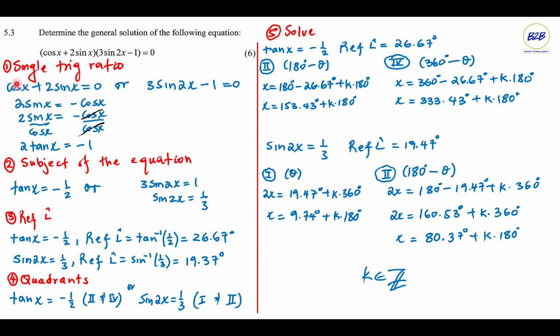You take the cos x to the right, it becomes negative. You divide by sine on both sides to create tan. Then it becomes 2 tan x equal to -1. And hooray, we have achieved our first step to strive for a single trigonometric ratio.